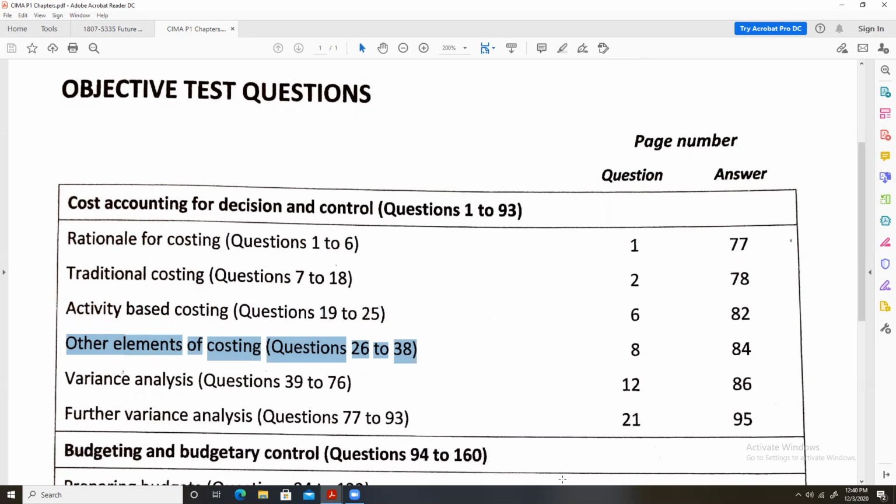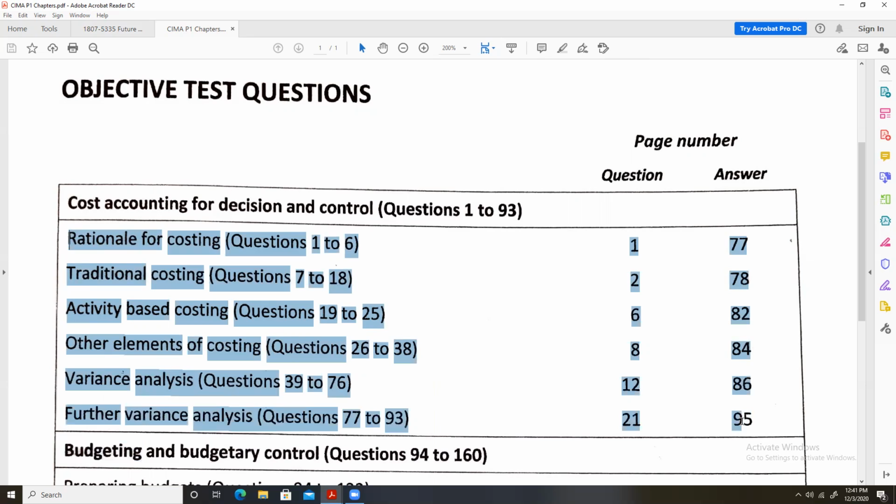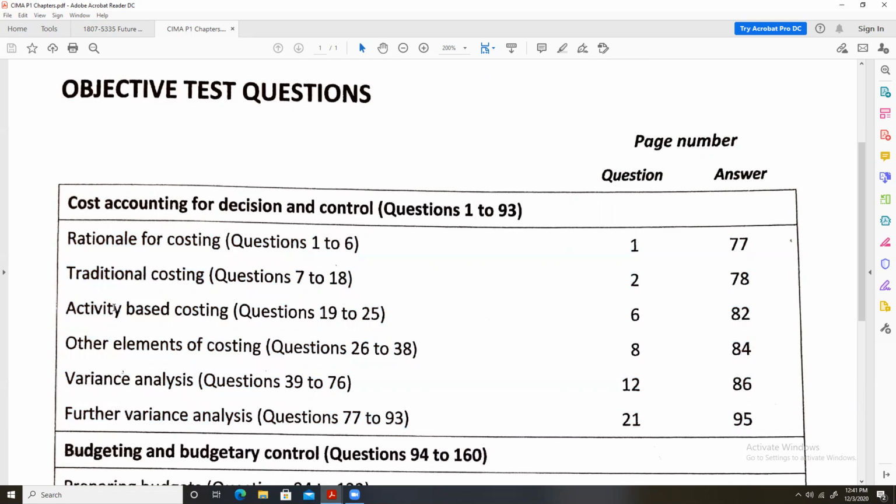Activity based costing has its advantages, has its disadvantages, and while studying this section, you also need to know the differences between different cost accounting techniques, like what is the difference between absorption costing, marginal costing, and activity based costing, how activity based costing differs from the traditional costing techniques. This is something that you need to know.